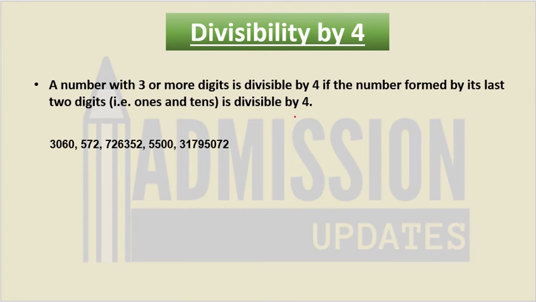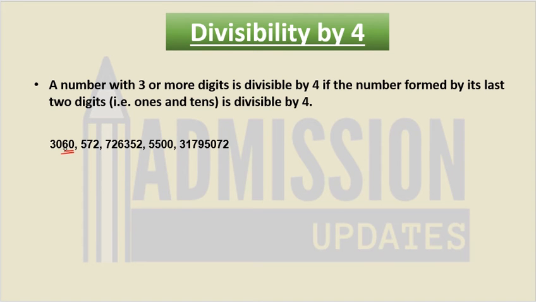Here it is saying a number having 3 or more digits is divisible by 4 when its last two digits are divisible by 4.